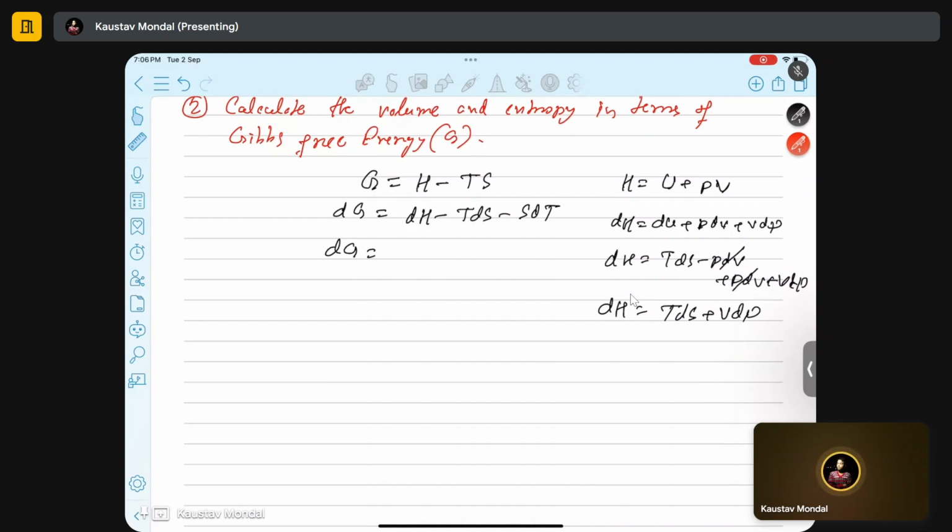So the expression of dH you have to substitute here also. After doing the substitution, we can write TdS plus VdP minus TdS minus SdT. TdS will cancel, and the remaining term is VdP minus SdT.